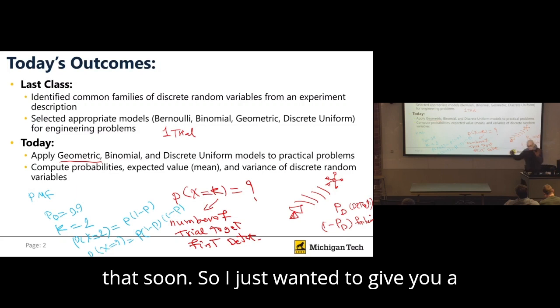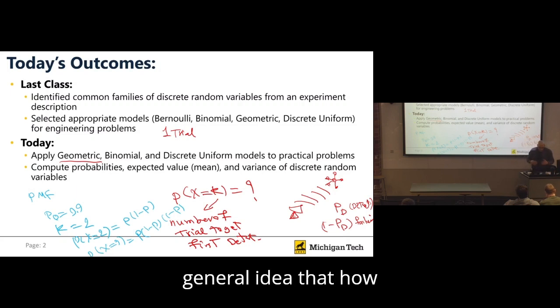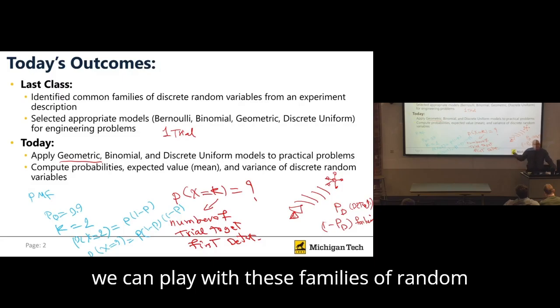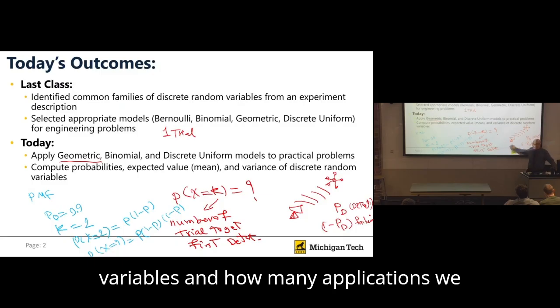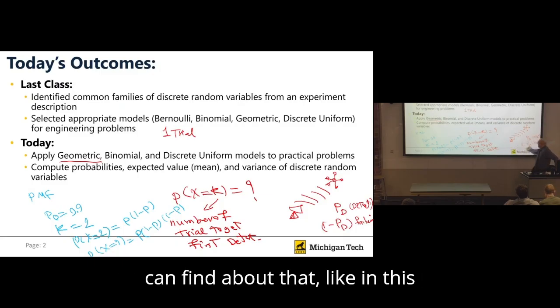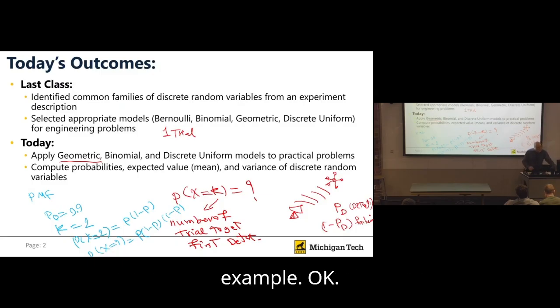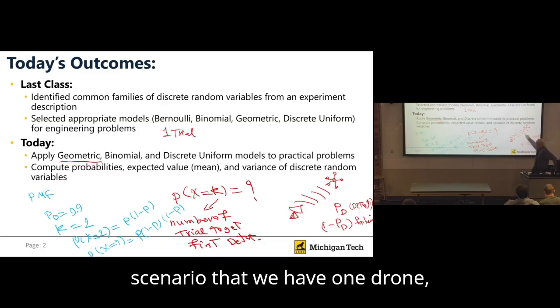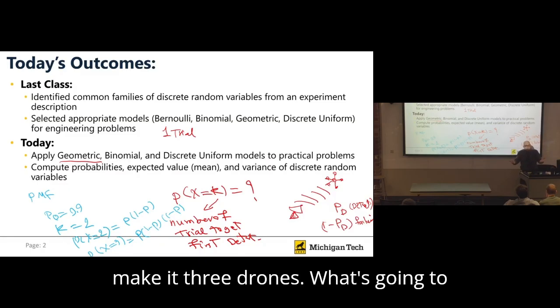So I just wanted to give you a general idea of how we can play with these families of random variables and how many applications we can find for them, like in this example. OK. Now let's make this scenario, where we have one drone, 3 drones.